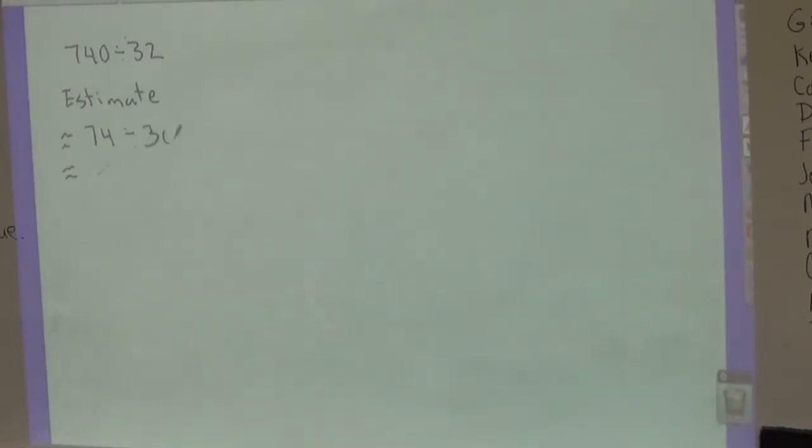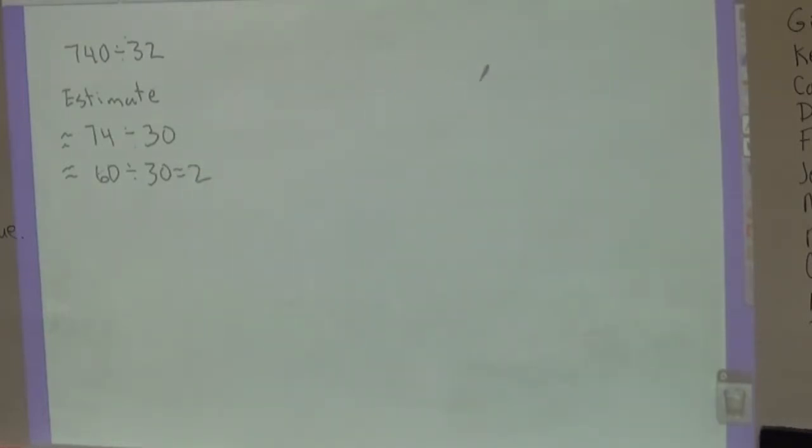Oh, no, 30. Now we figure out what the estimation. What do you have, Jesus? 60. That sounds good. Divided by 30. And I think we can agree that that is going to equal 2.